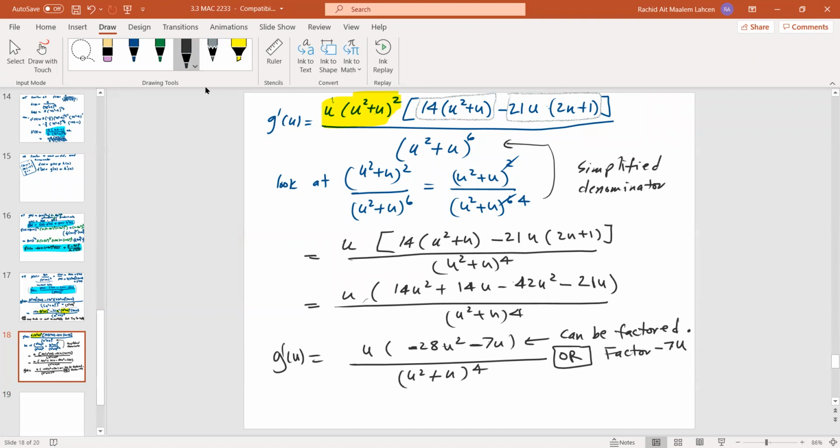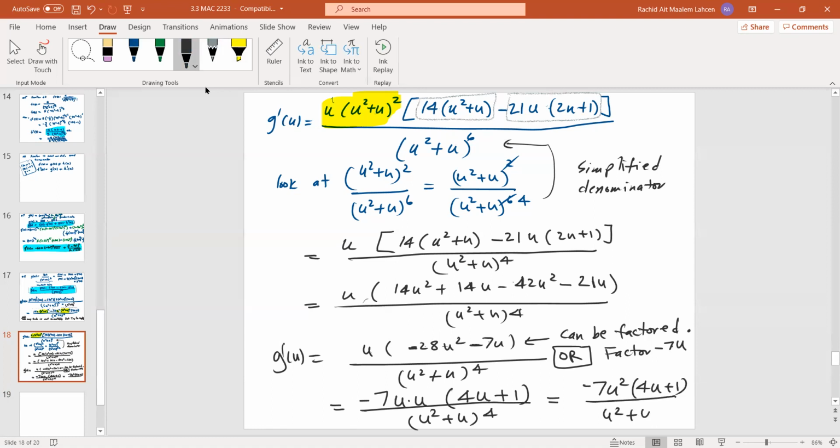So if you factor a 7u and you have already a u there, so that's going to be a negative 7 times u, and that's going to change this 4u to plus 1 over that denominator to the 4th. So the final answer will become negative 7u squared 4u plus 1 over u squared plus u to the 4th.